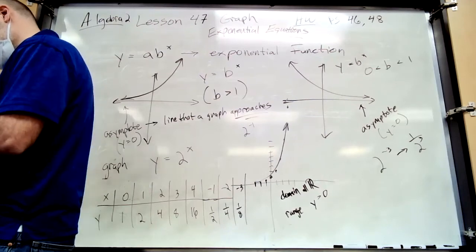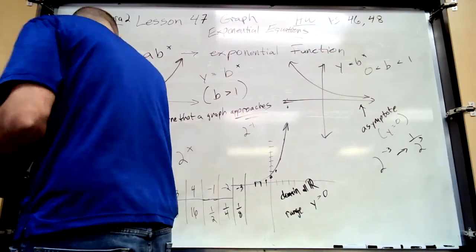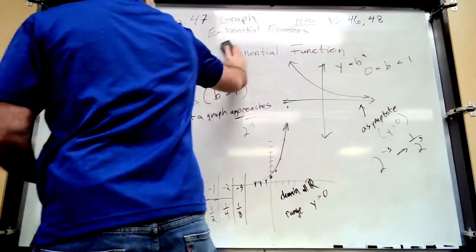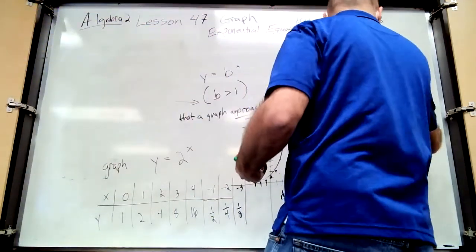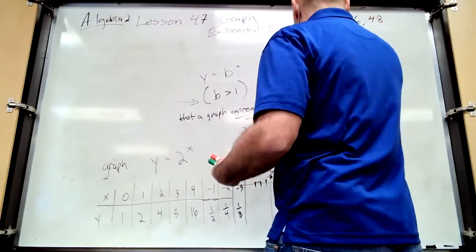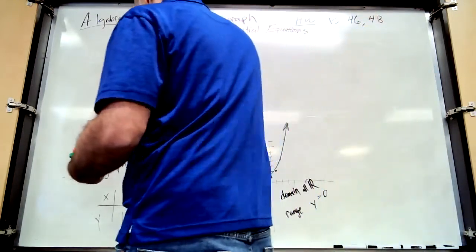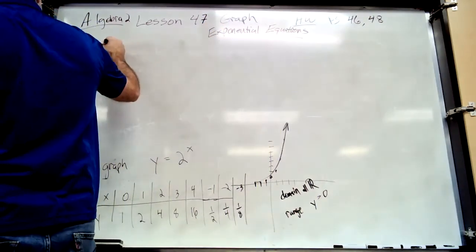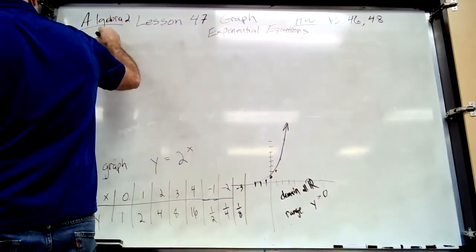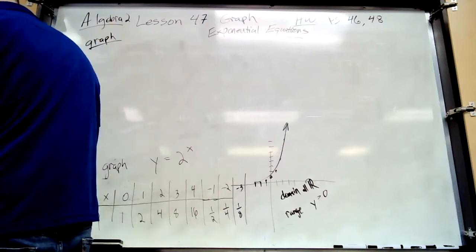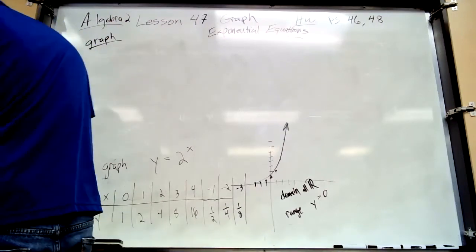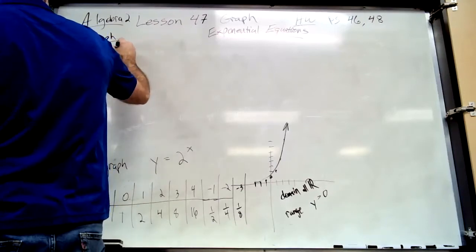So let's see here. Let's do another function. So let's graph this. This is an example where the b value, we're going to demonstrate two different things.